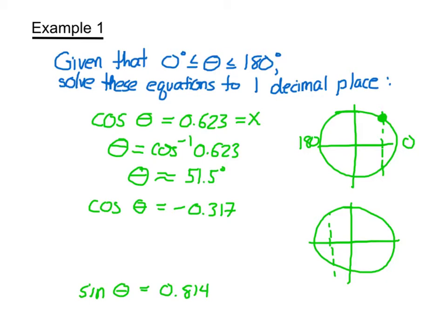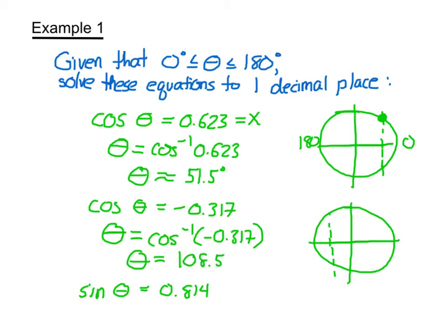So I'm going to solve this problem the exact same way as I did the previous one. We'll use the inverse cosine. I can plug this into my calculator, and make sure your calculator is in degree mode. And we get theta is approximately 108.5 degrees.